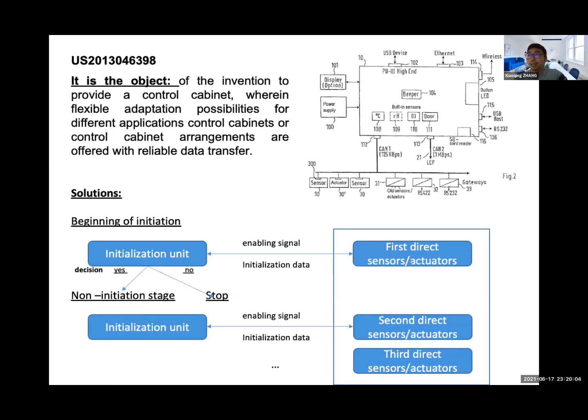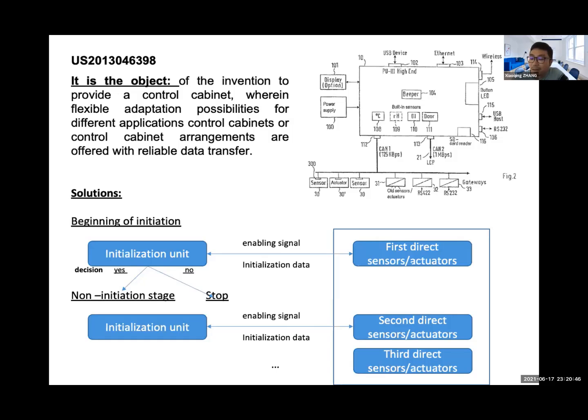The second patent is more about providing control of the cabinet, which enables reliable data transfer in many different types of cabinets. Here, the main solution is separating the process into two major phases. The first phase is about the beginning of initiation, and there is an initialization unit, and this initialization unit will transfer the enabling signal to the first direct sensor or actuator.